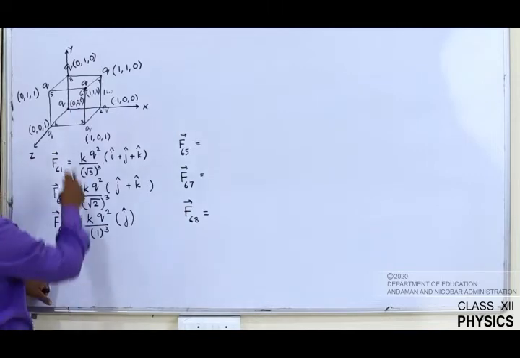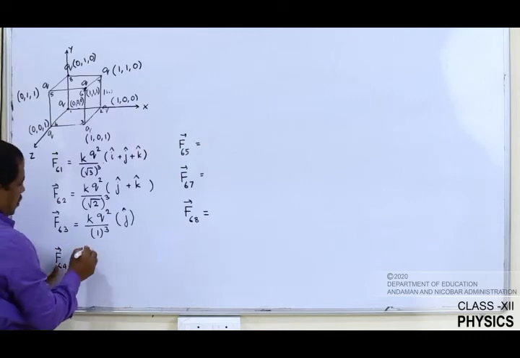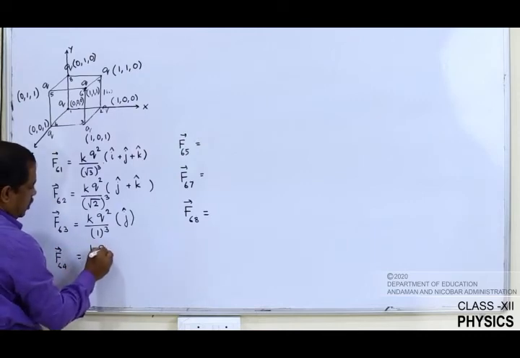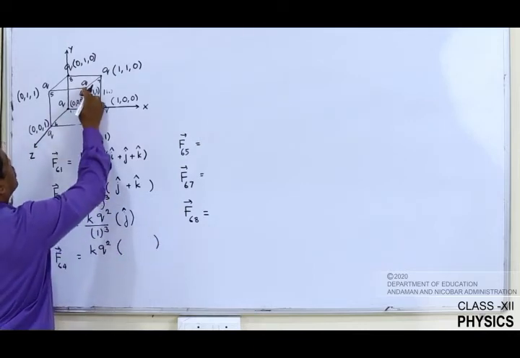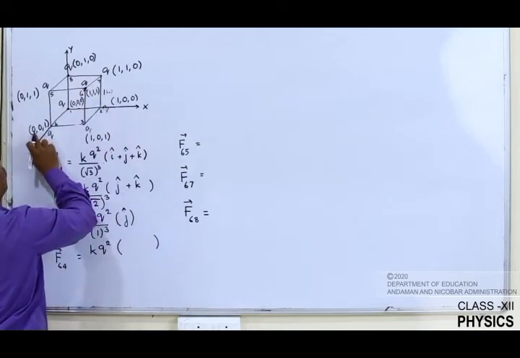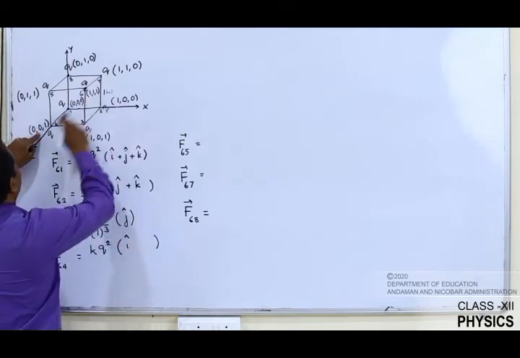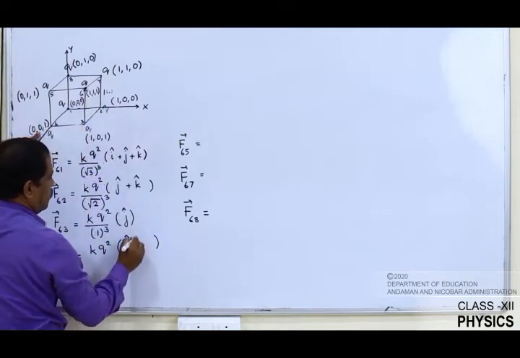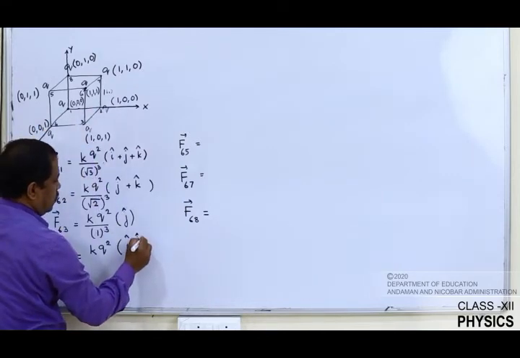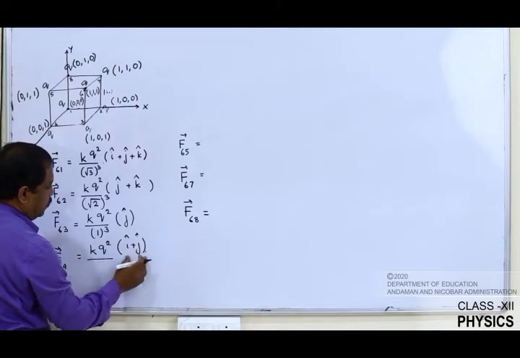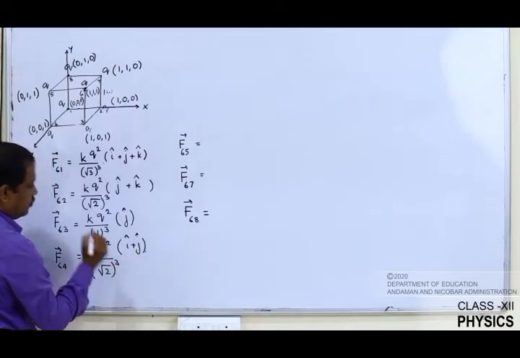6, 4. So sixth one due to fourth one. This k, I hope you can understand now. q square, I am going to have the vector. So to see the vector, 1 minus 0, 1, so therefore i cap. 1 minus 0, j cap, and 1 minus 1 is 0. When I try to find the magnitude, this will be root 2, and this is q.